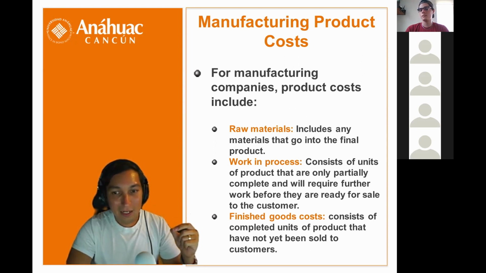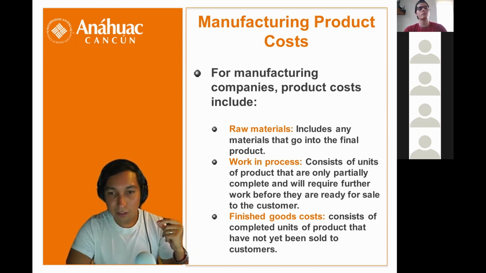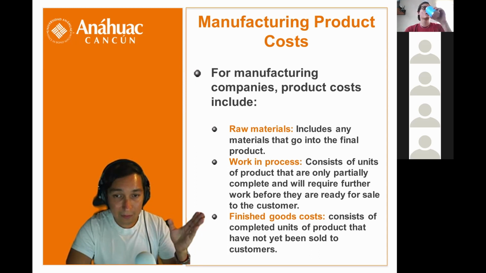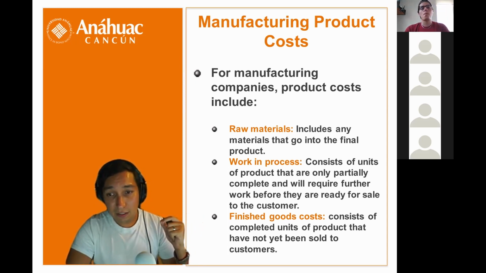WIP consists of units of product that are only partially complete and will require further work before they are ready for sale to the customer. So it's a type of inventory, and it's going to stay on our balance sheet until we sell it. And then we have our finished goods, which consist of completed units of product that have not been sold to customers.